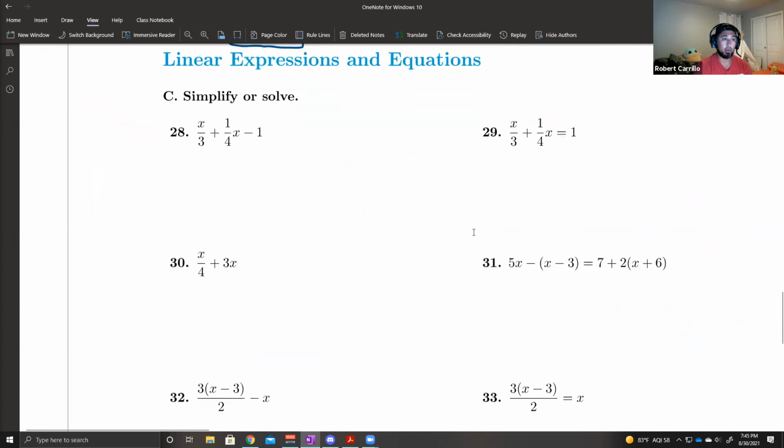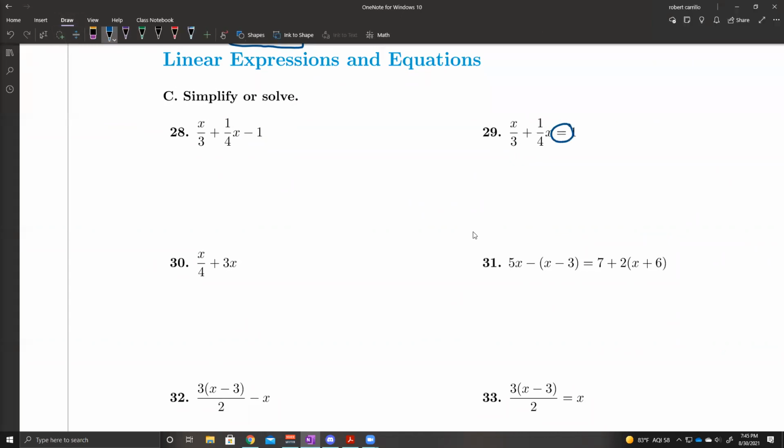Now, for this part, we have linear expressions and equations, and knowing the difference between both is very important. And the main thing is, if you have an equation, this means you have what symbol? An equal sign. So that's the biggest difference.